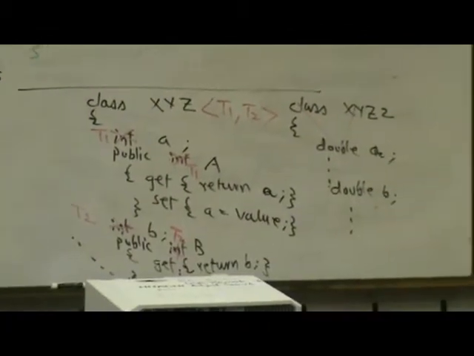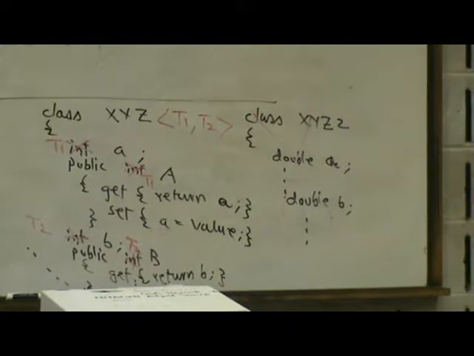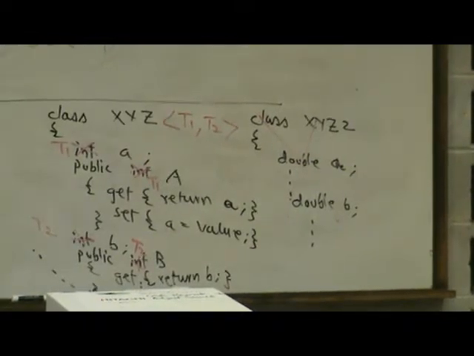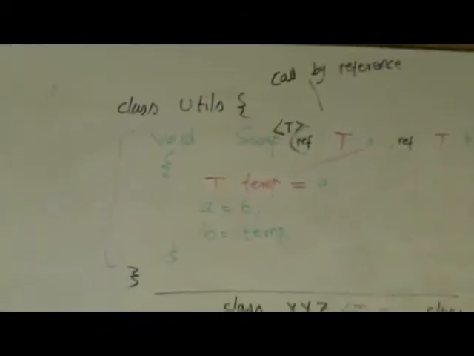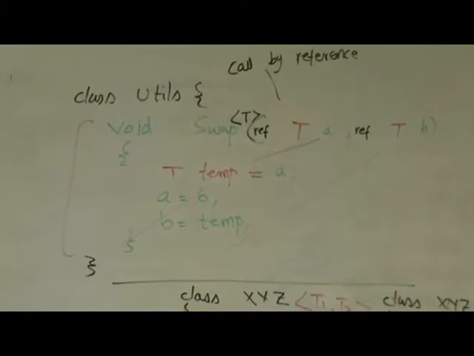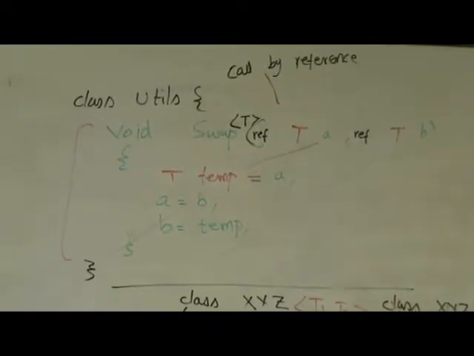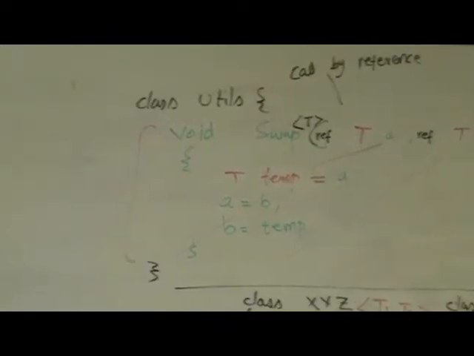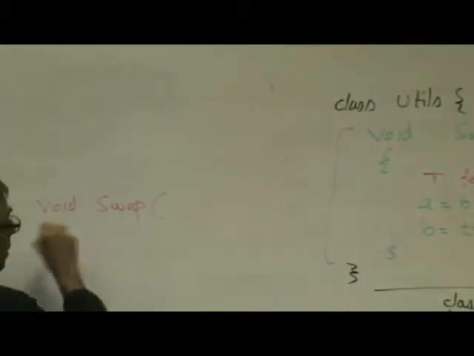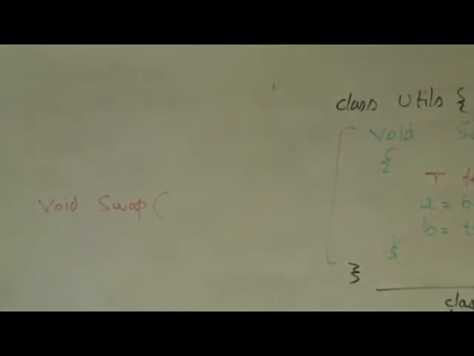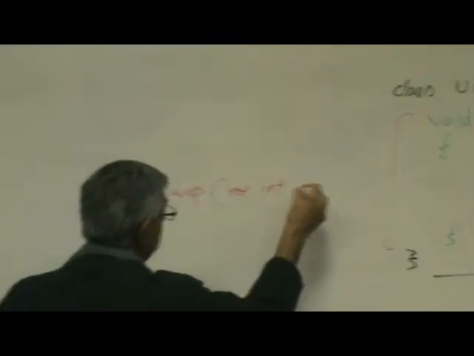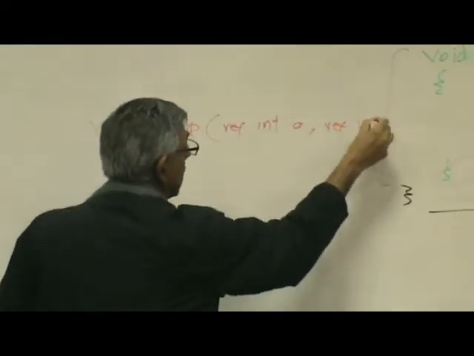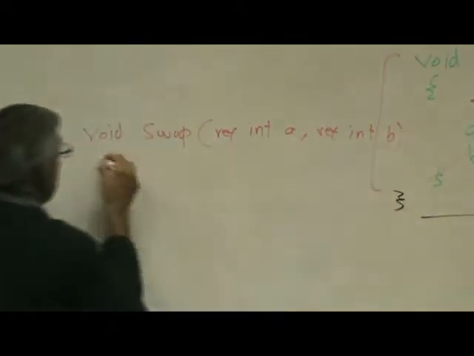In my opinion, the easiest way to develop a generic class or a generic method is don't worry about generics. If somebody asks you to write this method as a generic, start out by picking one data type. Just assume, what if I wanted to create a swap for integers? How will I write it? Swap, ref int A, ref int B, right?